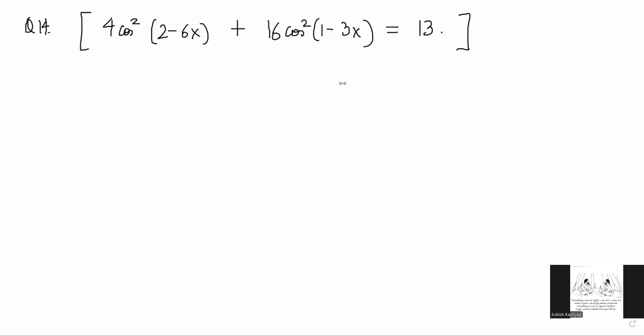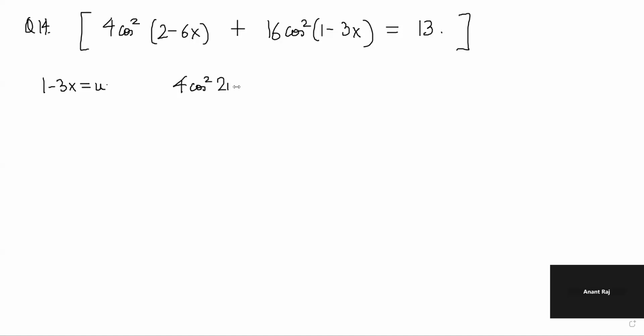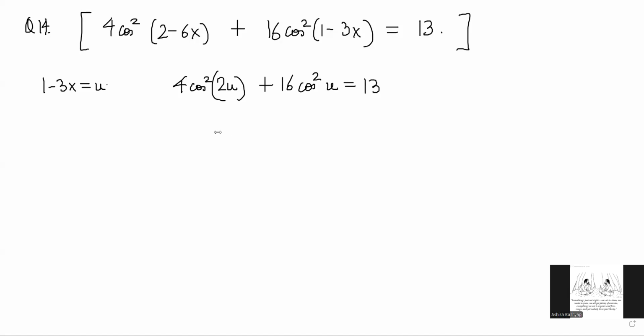Has anyone done this one? Yes, sir. Let 1 minus 3x be u, then proceed. It will be 4 cos square 2u plus 16 cos square u equals 13. Then we can write cos square u as (1 plus cos 2u) upon 2.